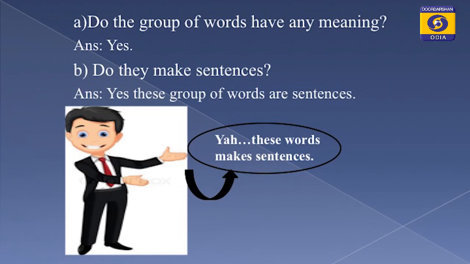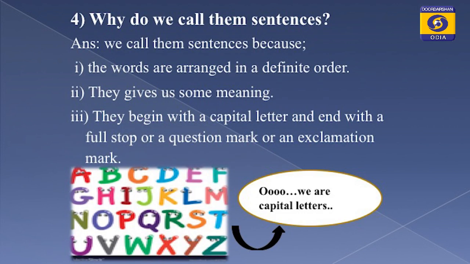So if somebody asks you, do the group of words have any meaning? Yes. Do they make sense? Yes, these groups of words are sentences. Then you see, why do we call them sentences? Because the words are arranged in a definite order.